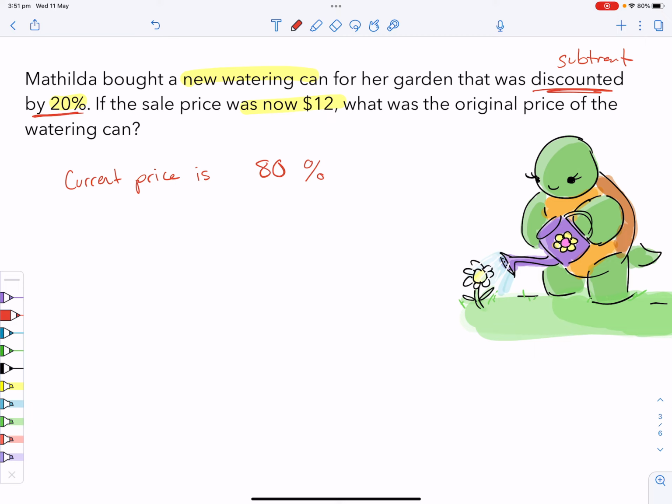Now I can do my unitary method just as before. So I can just write 80% is to $12. And now I can scale it all the way down to 1% if I really wanted to. And then I can scale that up to 100% to find what the original cost must have been.